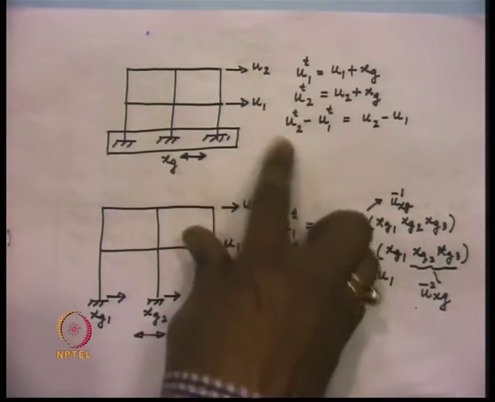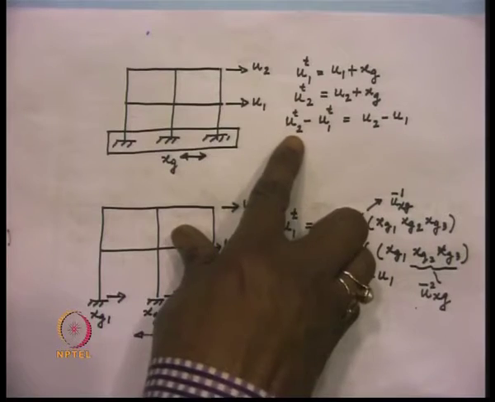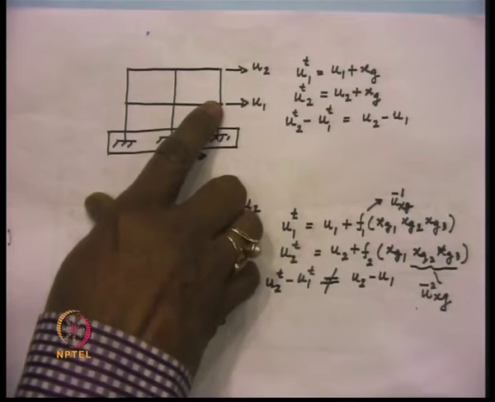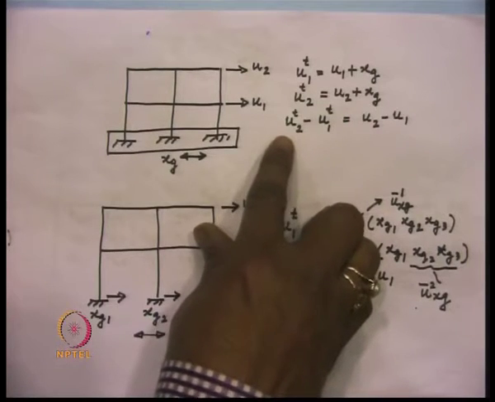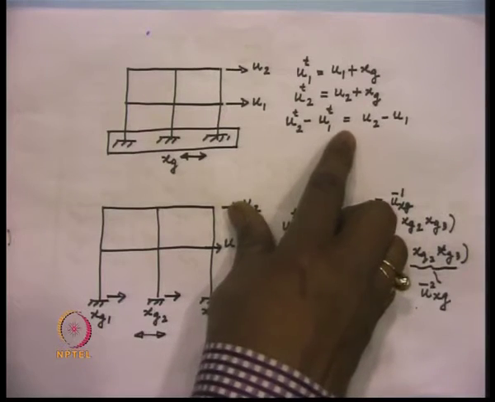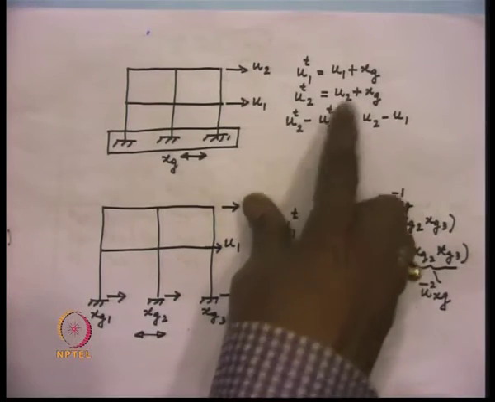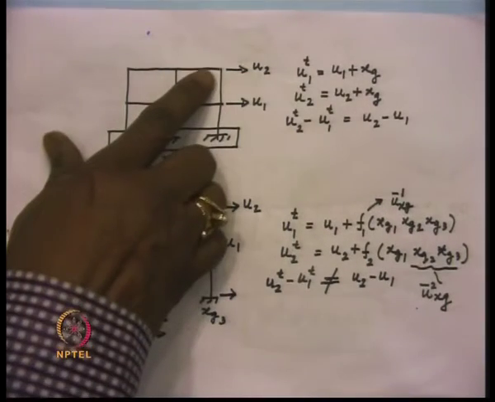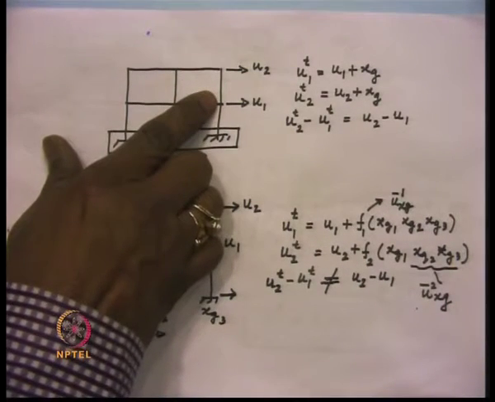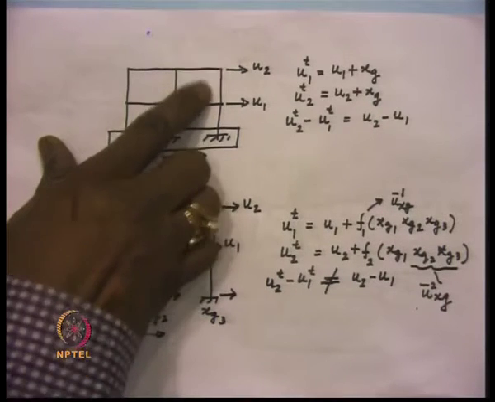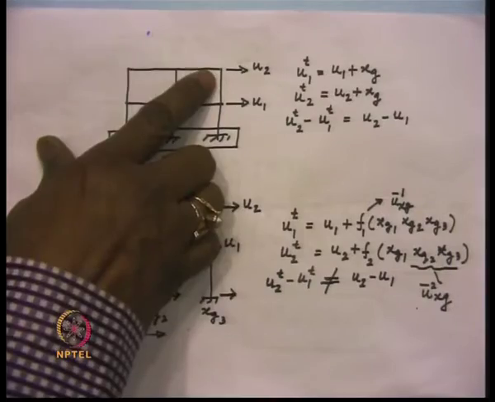As a result of that, if we take the difference between the total displacements of these 2 points, then the difference between the two total displacements will be same as the difference between the two relative displacements. And in working out the bending moment, shear force etc., we generally require the relative displacement of one point with respect to the other.